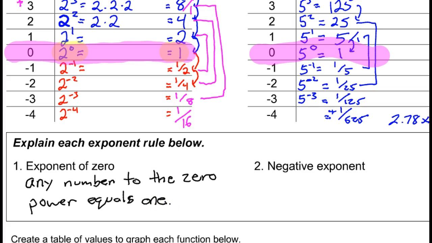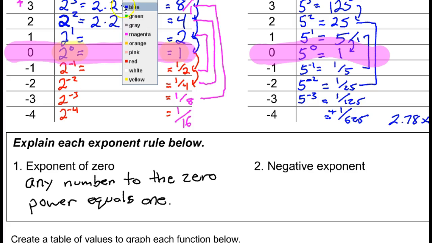Based upon pattern and observation, no guessing, no thinking, well, it has a 0, so it must equal 0 because there's a 0 there. But we can see clearly why it equals 1 because of this pattern here.